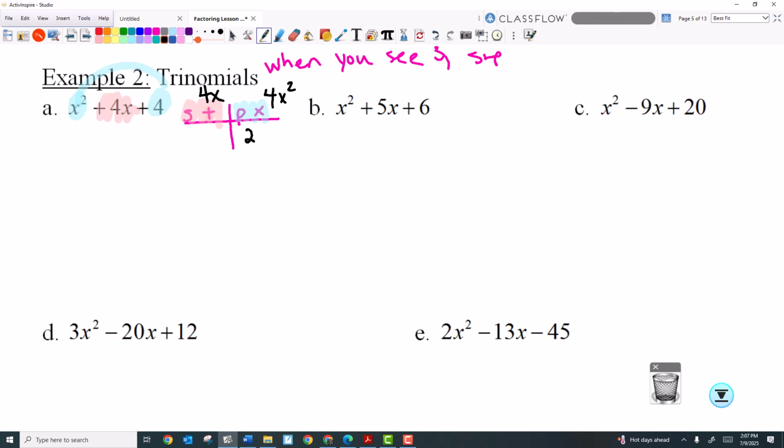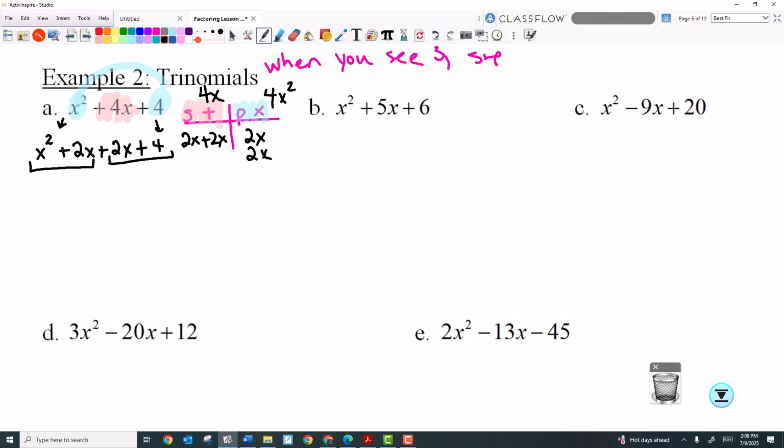Well, 2x and 2x. 2x times 2x is 4x squared, and 2x plus 2x is 4x. So what you're going to do is bring the first one down, replace the middle with 2x and 2x, and then bring the last one down. And then you're going to factor by grouping.